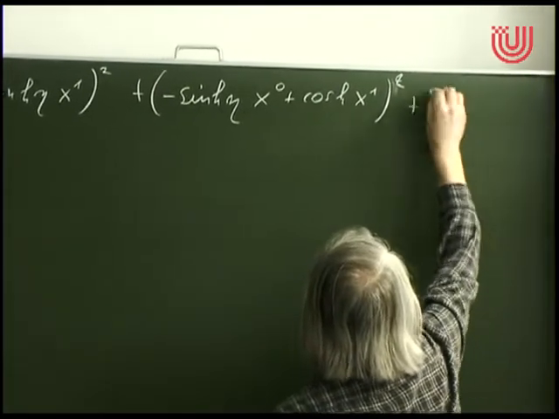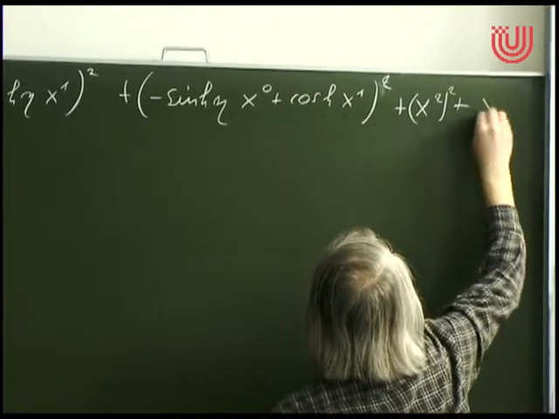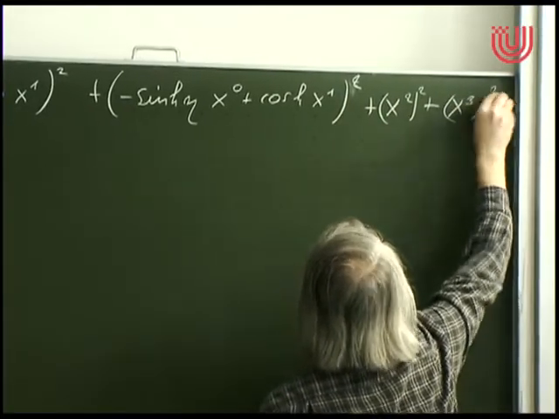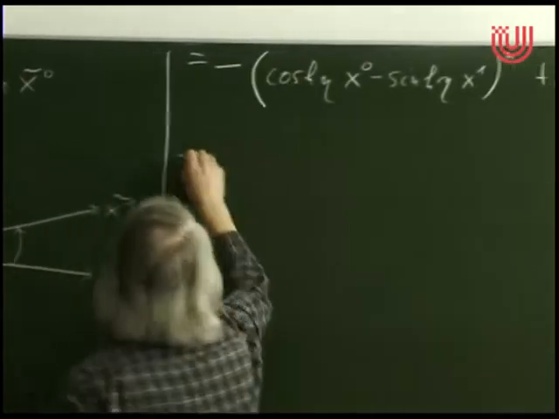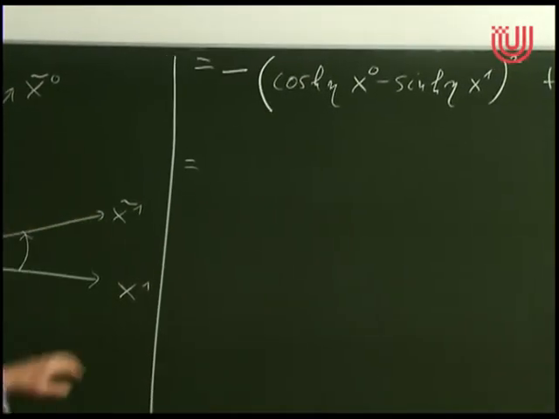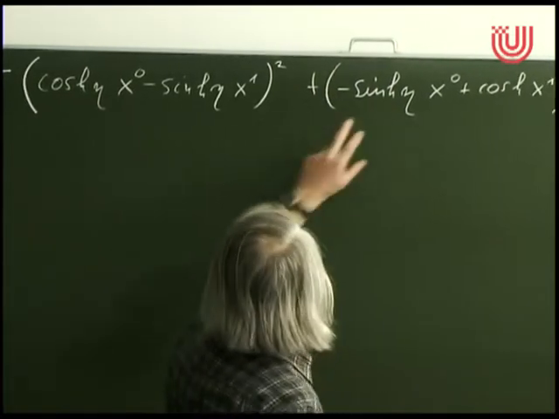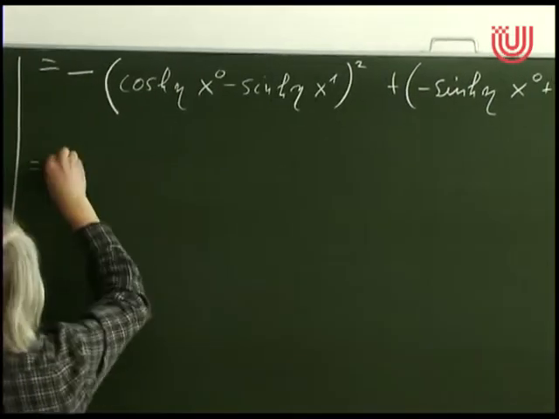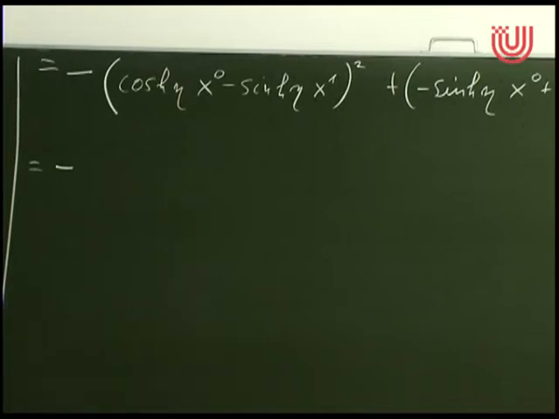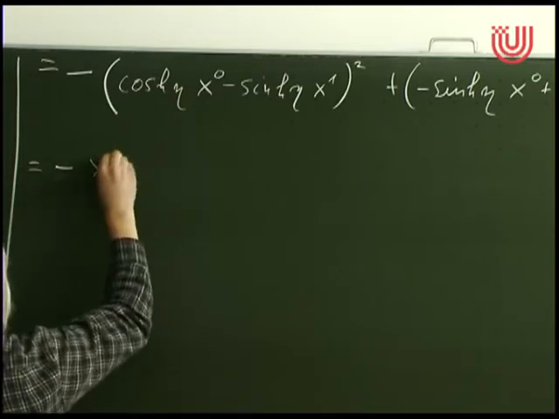So this is x2 squared plus x3 squared. So you see, I get minus cosh squared plus sinh squared times x naught squared, and this is minus 1, right? Cosh squared minus sinh squared is plus 1. I have it here with the other sign, so I get a factor minus 1.